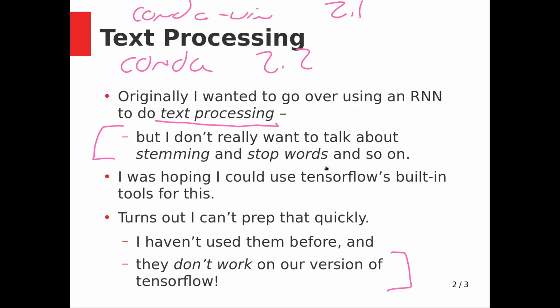Following along code from the TensorFlow site, their embedding layer doesn't work on either of these. It only works for me on 2.3, which we don't have. So, for all of these reasons, because the layer that we want to use doesn't work in the version that we have, and because I haven't used these things before and it's taking me too long to prep them, I'm not going to be able to do that, and I'm sorry.